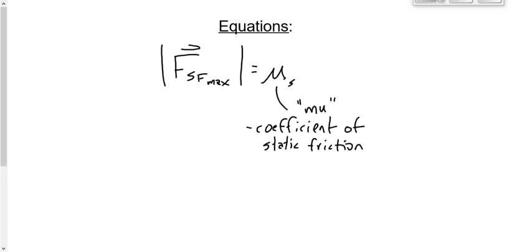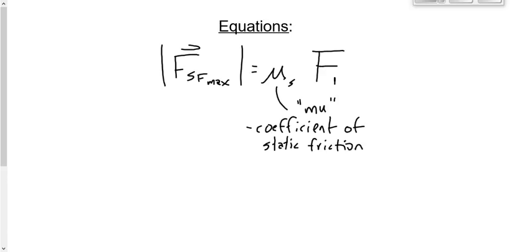The coefficient of static friction between rubber and ice is about 0.2-ish. The coefficient of static friction between rubber and pavement is more like 0.9. Rubber and pavement stick together better than rubber and ice. So the coefficient of friction is just a measure of how much those two things stick together.